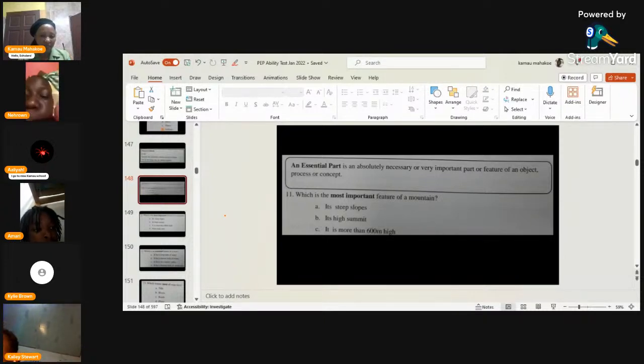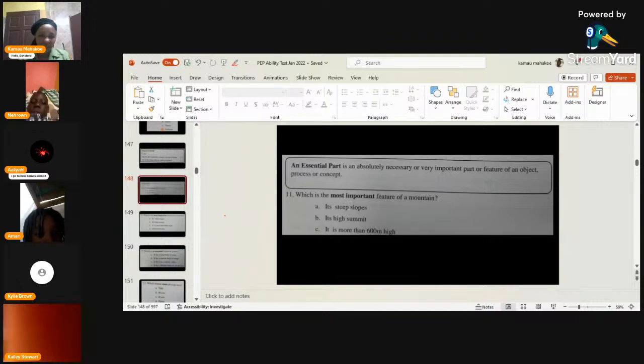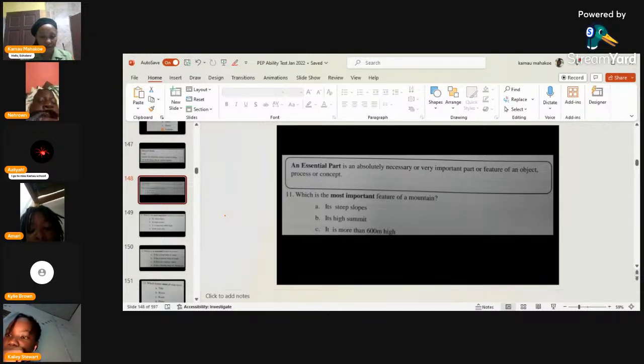So the essential part type question is where you identify something that is crucial either in the definition of the thing or in the function of the thing. When we're defining a mountain, what's the most important thing we have to look out for? Miss, it is more than 600 meters high.